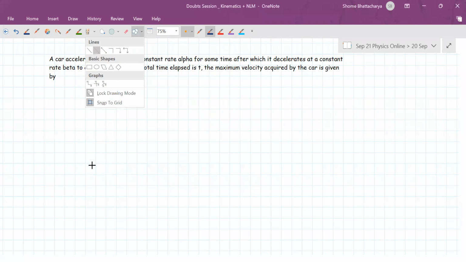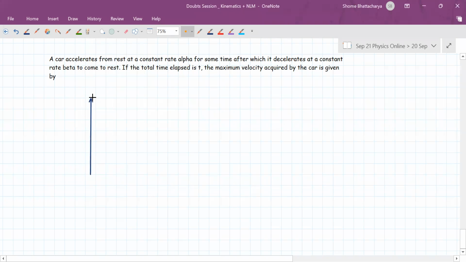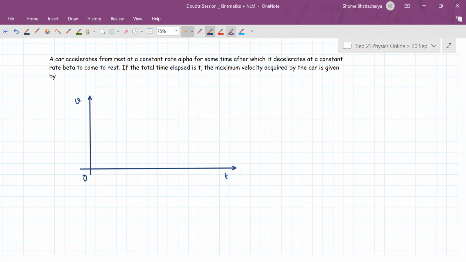So if you visualize the graph of velocity versus time, realize it looks something like this. Let's say it accelerates at a certain rate and then it decelerates faster or whatever. So the graph need not be symmetric.